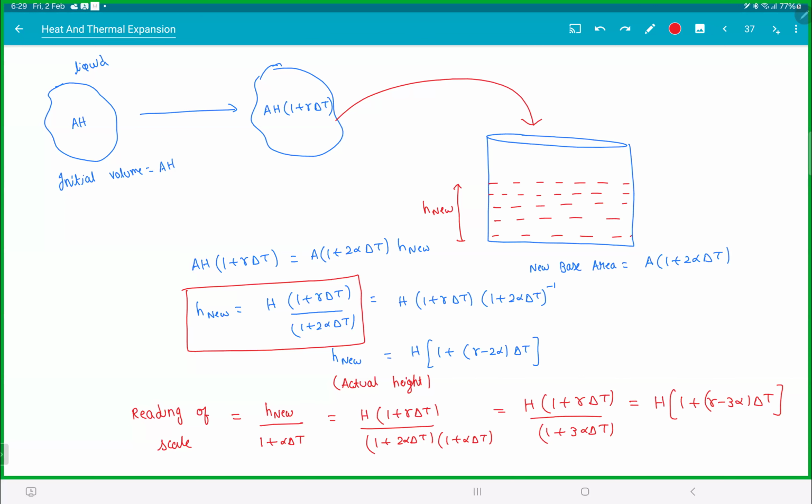But everyone clear with this page? Clear? Now, listen.